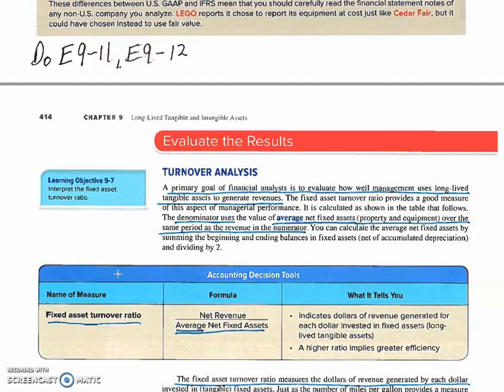So to do that, we take our average net fixed assets, so net of accumulated depreciation, average meaning average beginning and ending net fixed assets, and we divide it into net revenue. And so that tells us how good of a job did we do at turning fixed assets into revenue.